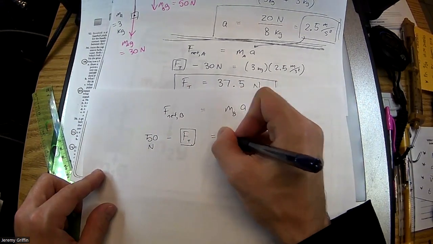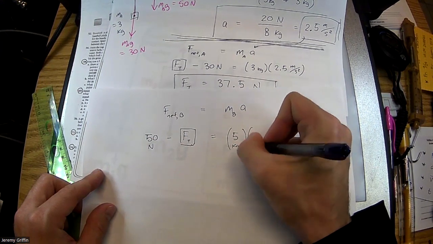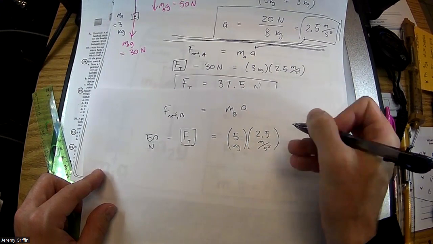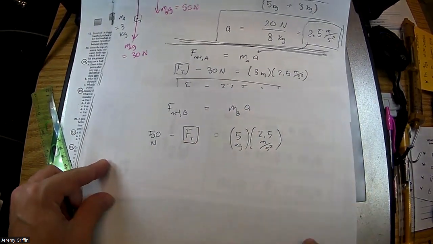We're going to solve for it. Okay? That's driving block B, 5 kilograms, to accelerate downward at 2.5 meters per second squared. And the way I set this up, I have down as the positive direction. Down minus up. So I can call this a positive value for the acceleration also.